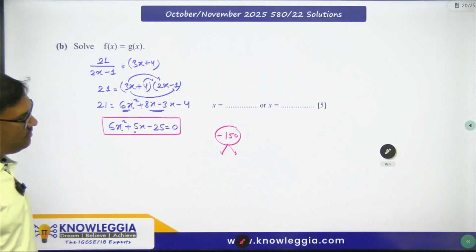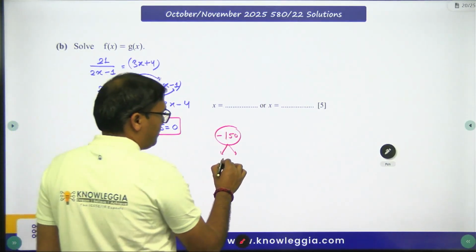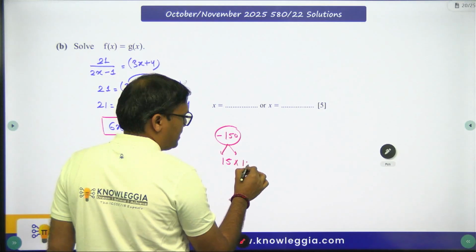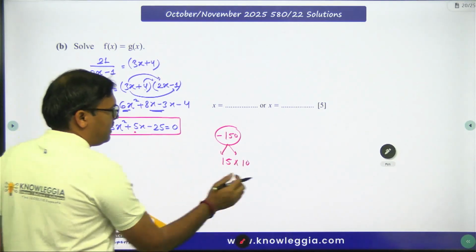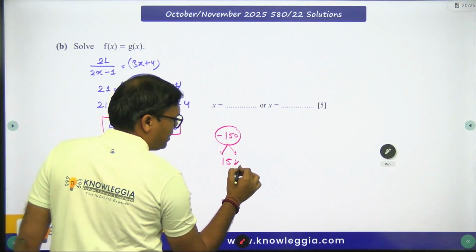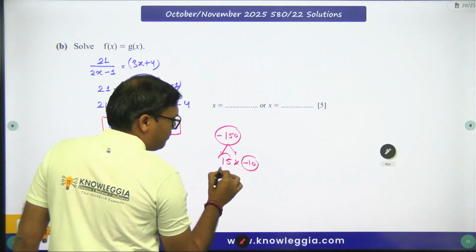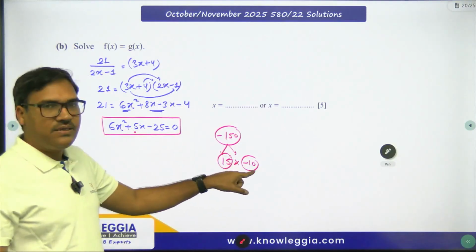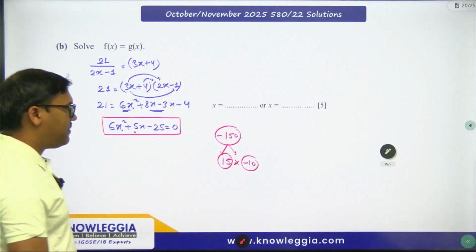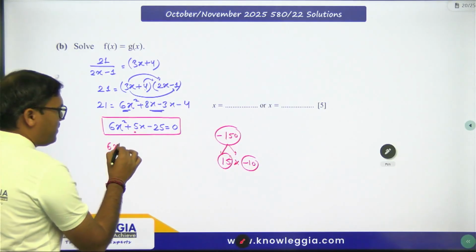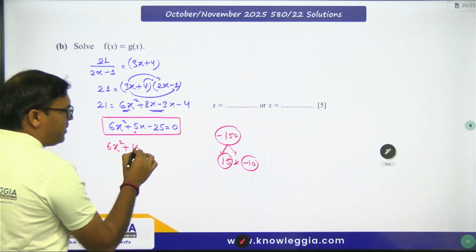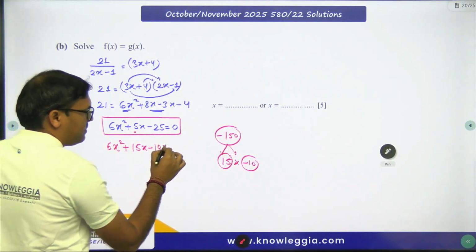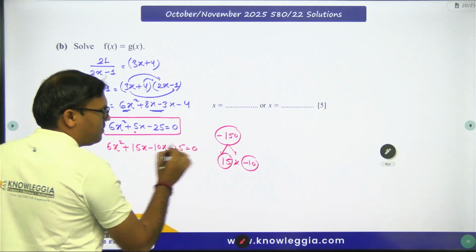You can see 15 into 10 is 150, and I can take negative 10. So 15 into negative 10 will be my negative 150, and 15 plus minus 10 is equal to 5. So you can see, this is 6x² plus 15x minus 10x minus 25 equal to 0.